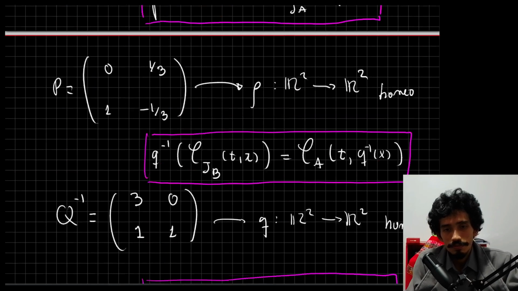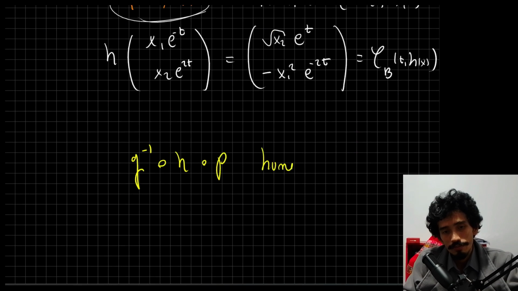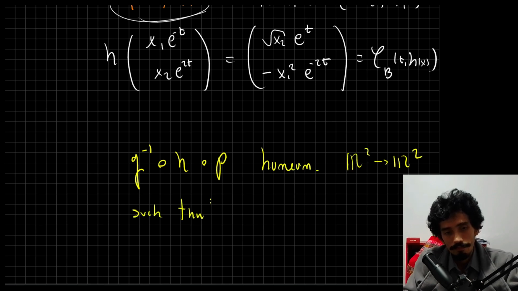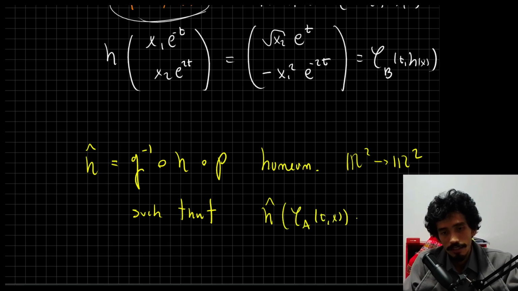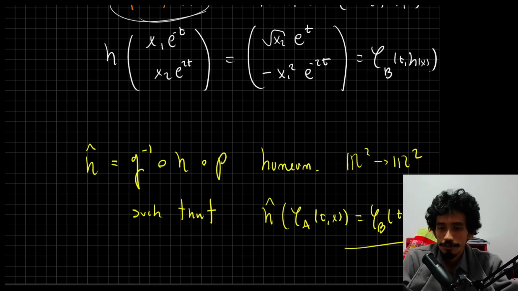So when we compose the inverse with h with p, it will be a homeomorphism from of course R2 to R2, such that, let's call that hat h, of the flux of A is equal to the flux of B, and this will be the topological conjugation that we wanted to prove, to construct, I mean.